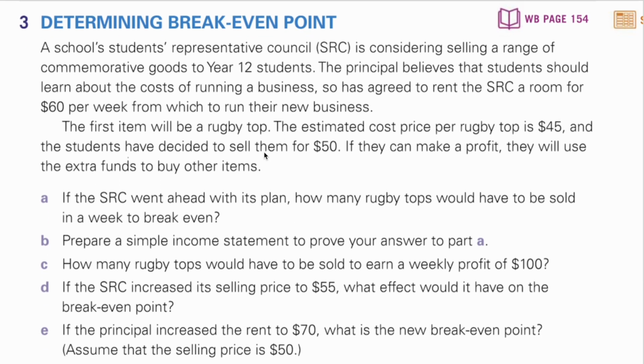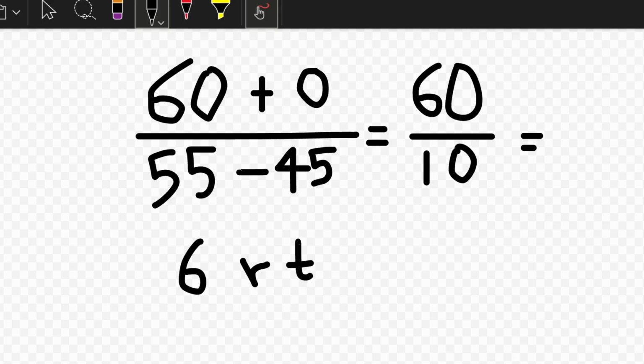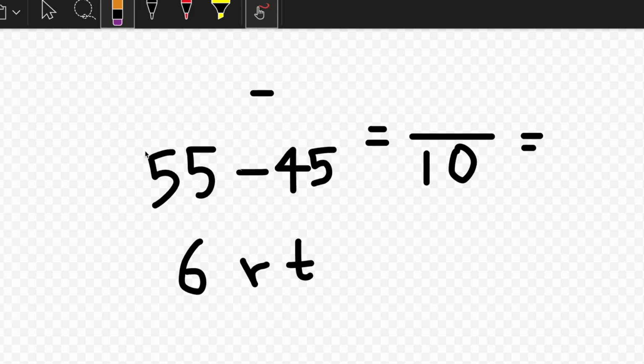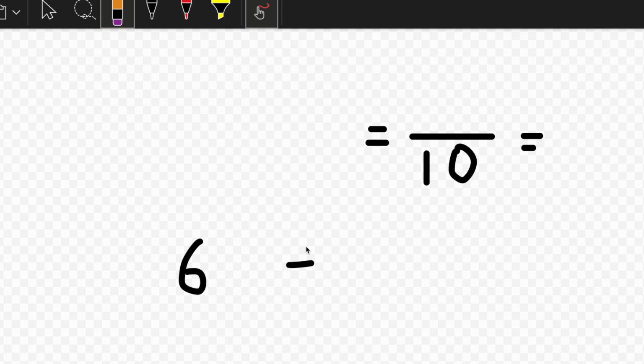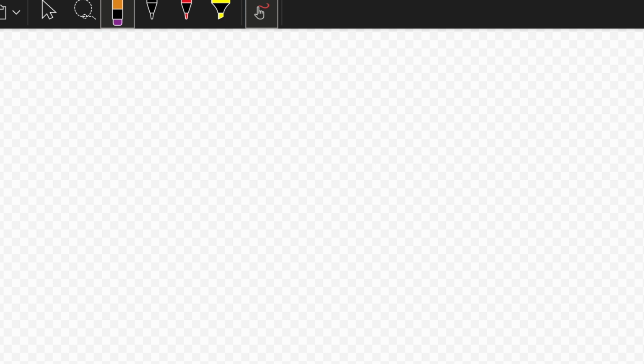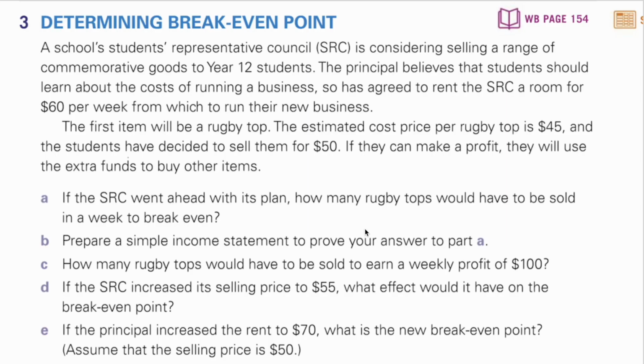So now part E of this question talks about if the principal increased the rent to $70, what is the new break-even point? Now, the assumption is the selling price is still $50. So, alright. General trend with these type of questions is you sub in a value, just changing the equation around.